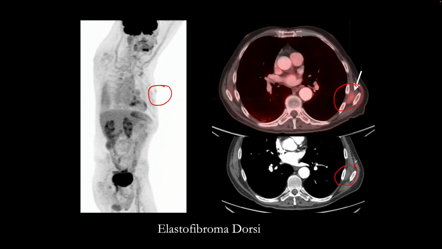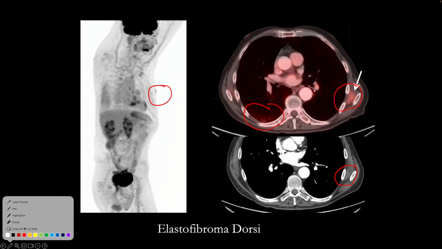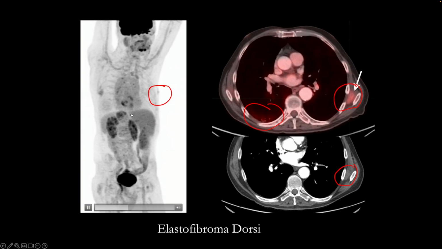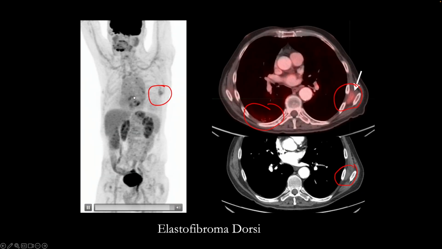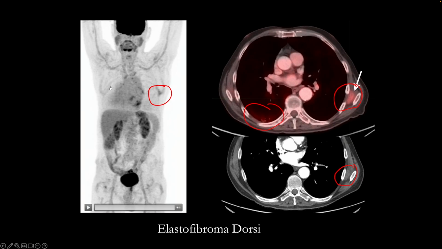The diagnosis here is elastofibroma dorsi, abnormal soft tissue density, frequently unilateral, could be bilateral also, at the inferior pole of the scapula, and it is a soft tissue density on CT and may show mild to moderate hypermetabolism on FDG PET. There is also some atelectasis seen here in the right lung base, and that is also seen right here on this rotating image.